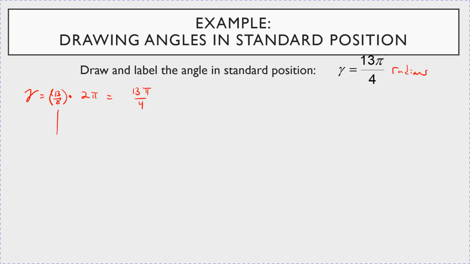So what that means is this is 13/8 of a rotation. That's 8 over 8 plus 5 over 8. So think about what that is. That's one full rotation and then another part of a full rotation.